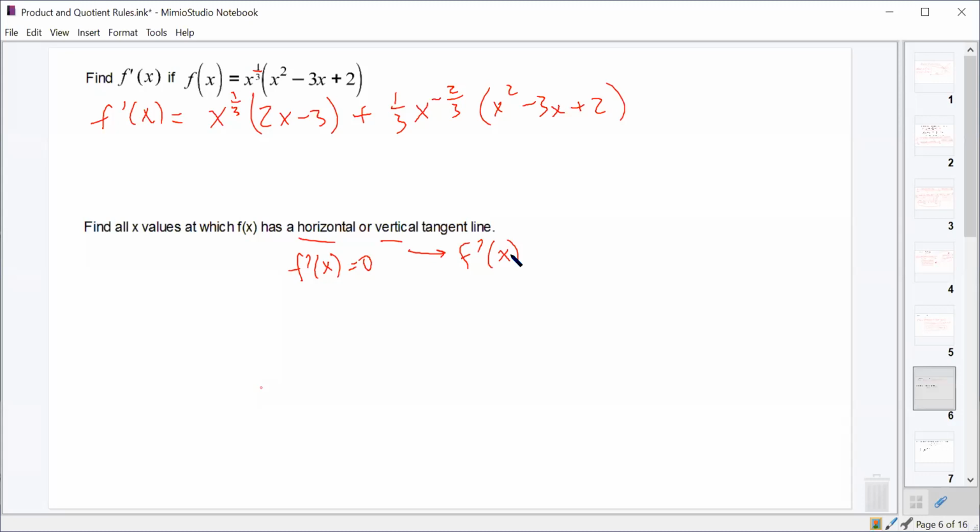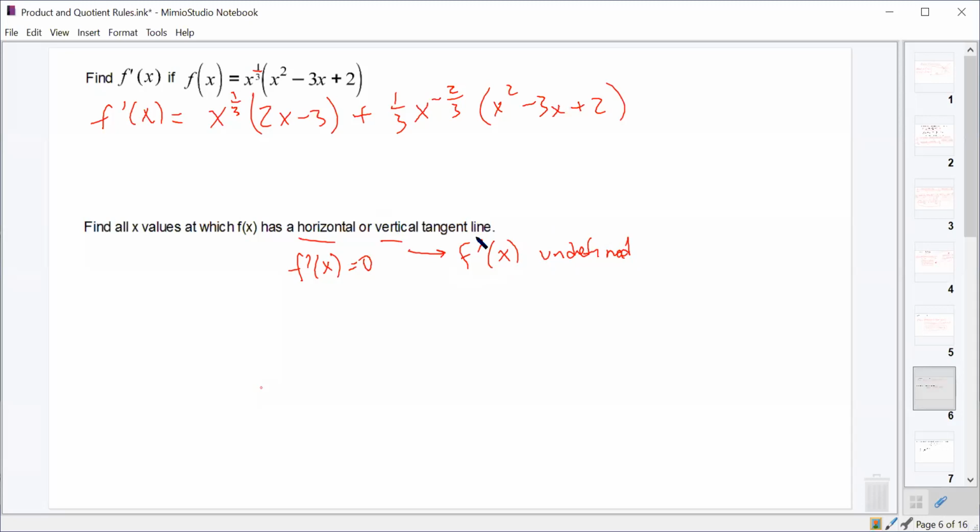Yeah, infinity, or in fact, we'll just say anytime it's undefined, we could have a vertical tangent line, right? If the derivative is at infinity, that's sort of like going towards an undefined value. And we know that vertical lines have a slope that is undefined, and so if that slope, the derivative, is undefined, it should be a vertical tangent line.